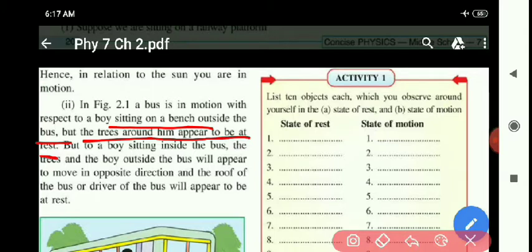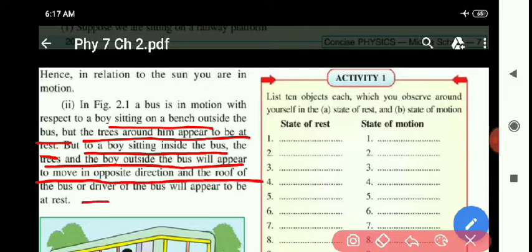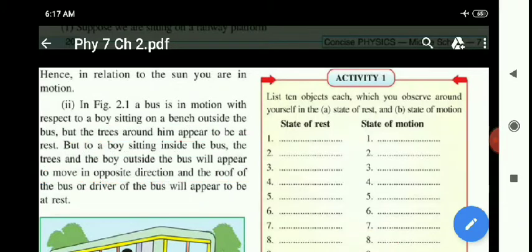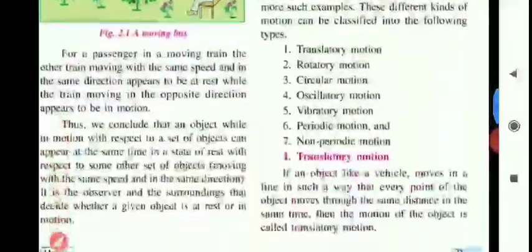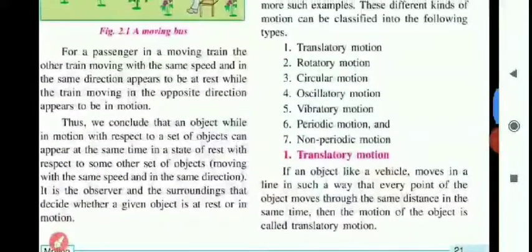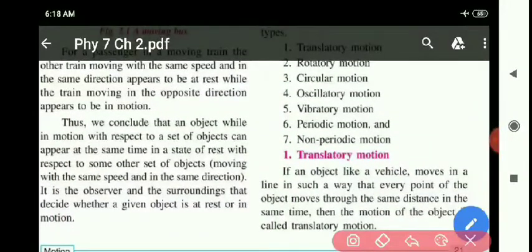But to the boy sitting inside the bus, the trees and the boy outside the bus will appear to move in the opposite direction, and the roof of the bus or the driver of the bus will appear to be at rest, because the boy himself is sitting inside the bus.